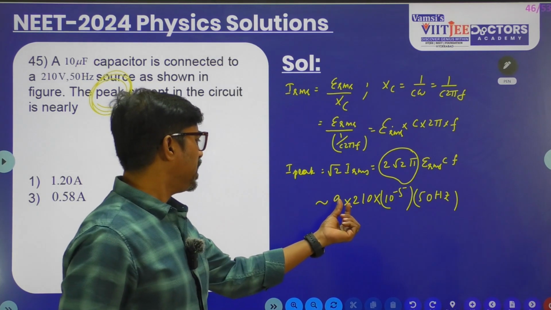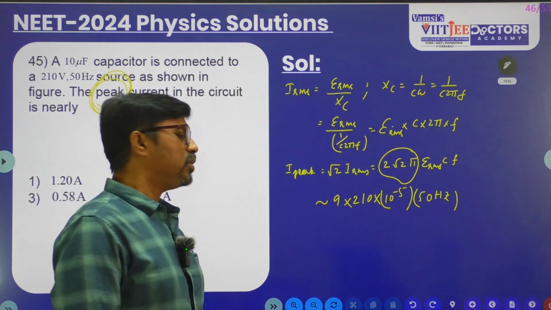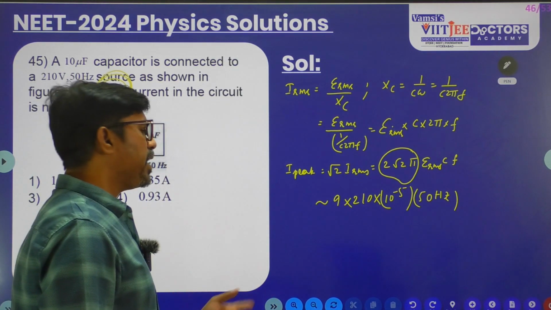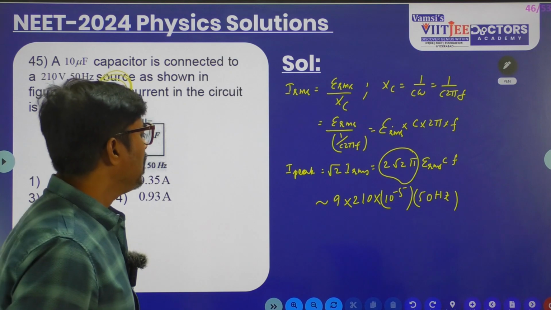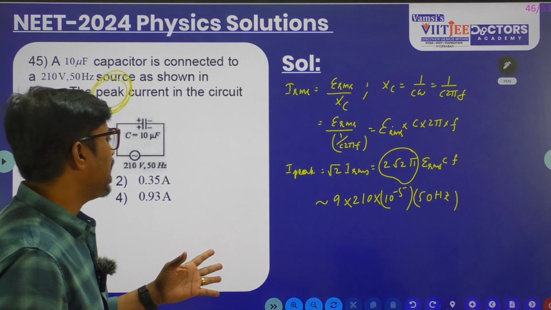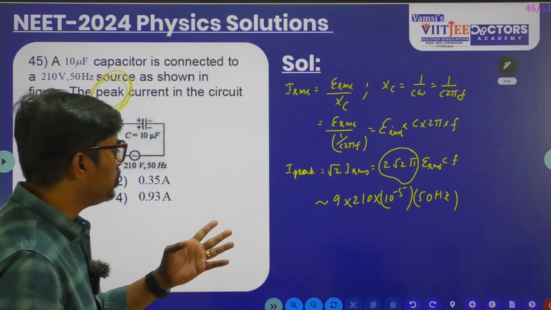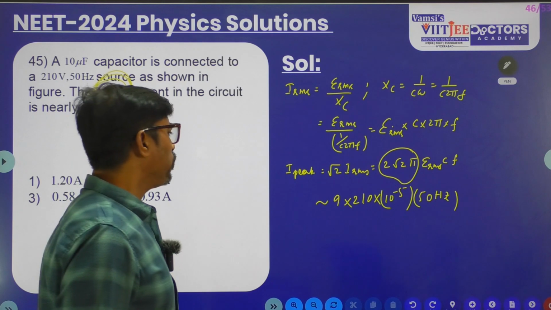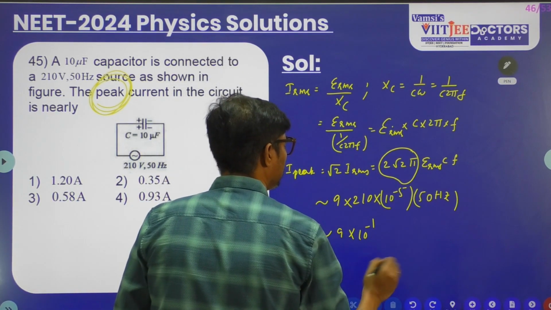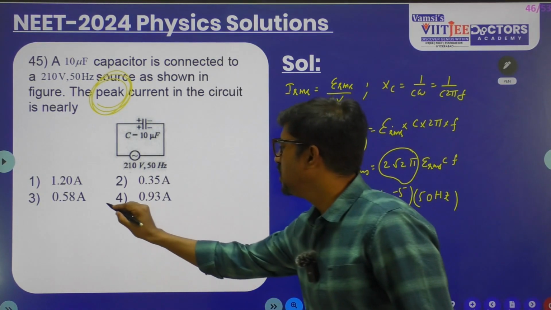What you can do is 210, you multiply and divide by 2, you will get 100 here. 210 by 2 will be 105. 9 into 105 is, let's say, approximately 900. 900 and 100, so around 9,000. 9 into 10 power 4. So you will get approximately 9 into 10 power minus 1. In that order, you will get 0.9 amperes, right?